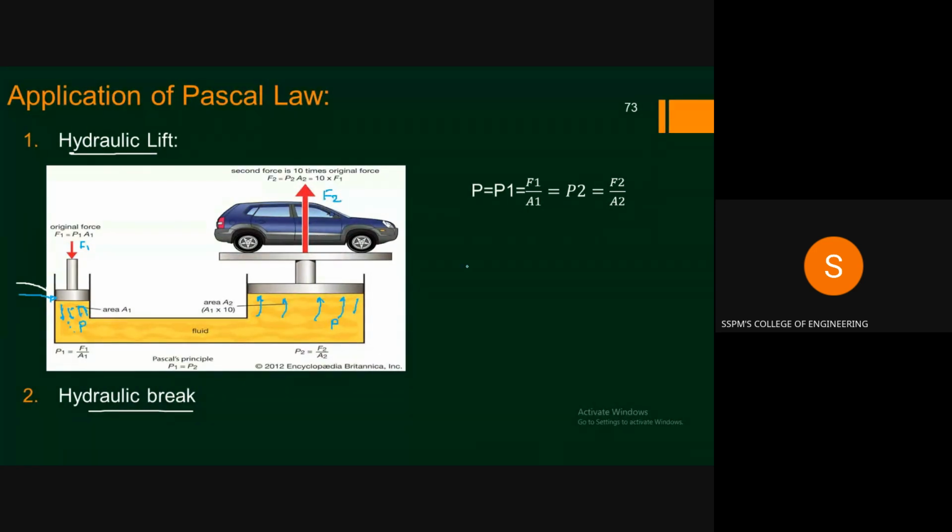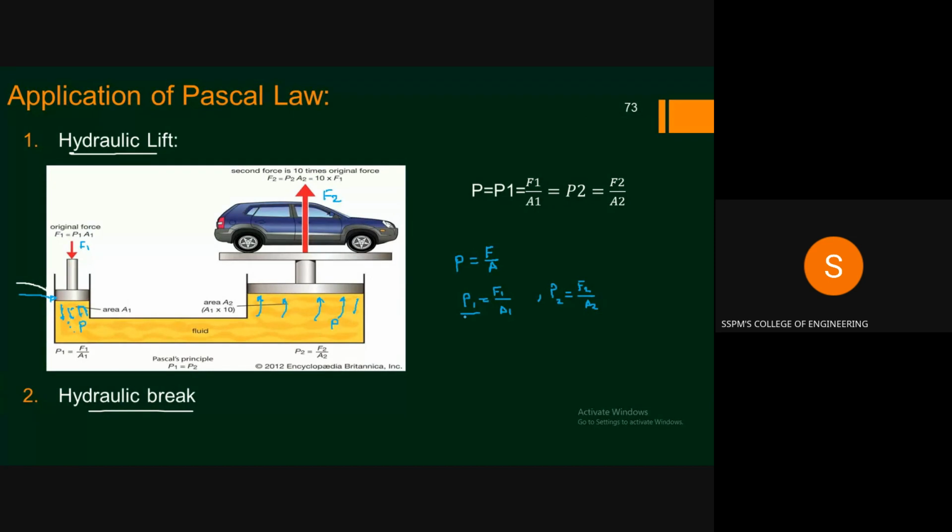If we use the equation for pressure, pressure is equal to force upon area. For the smaller piston, this pressure P1 will be F1 upon A1. For the larger piston, P2 is equal to F2 upon A2.